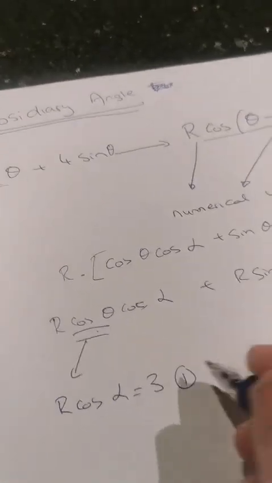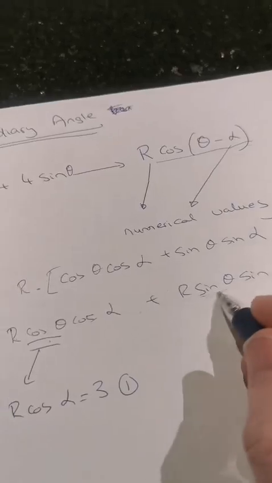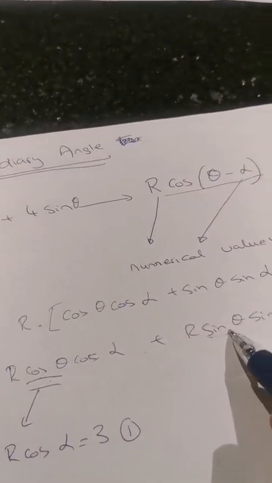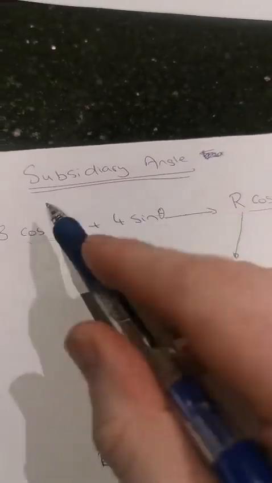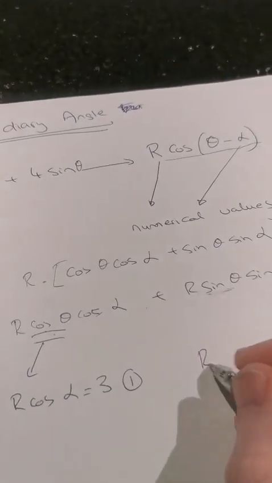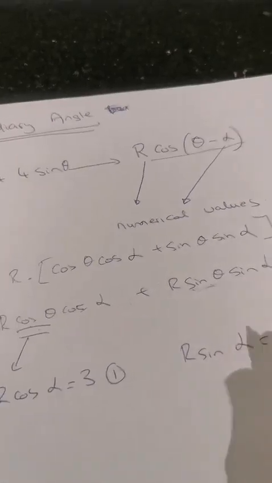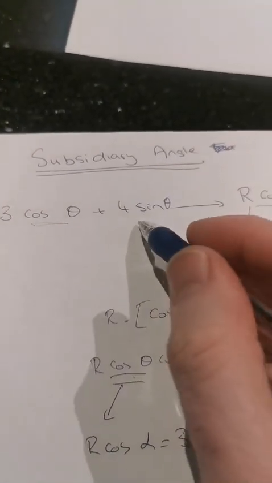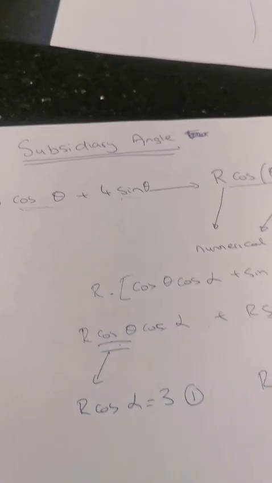So there's one equation. Same again, and you'll always compare your cos theta and sin theta with whatever's given up here. We have the coefficient is r sin alpha, compare the coefficient of sin theta up here equals 4.